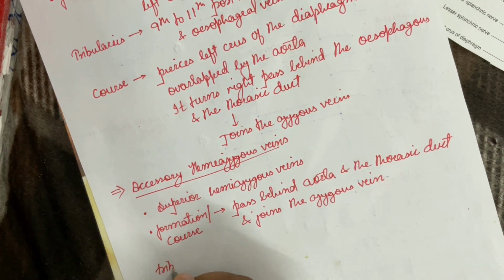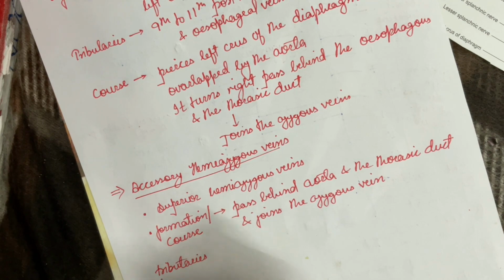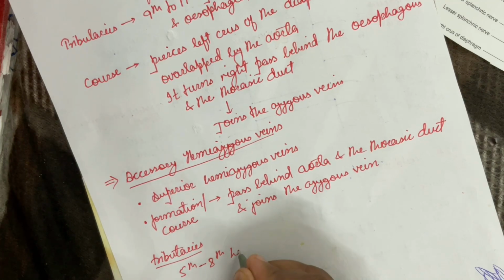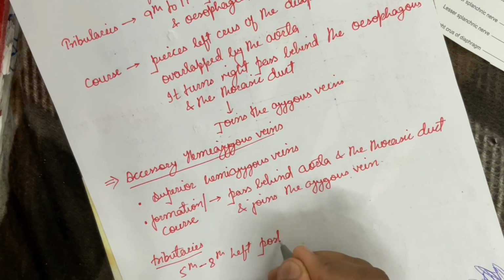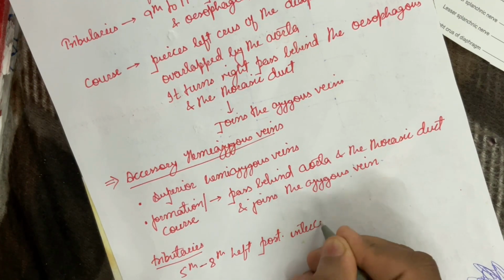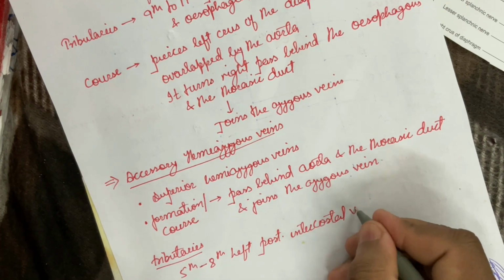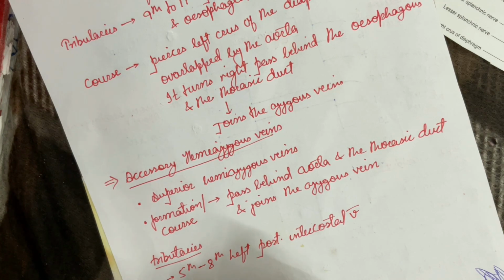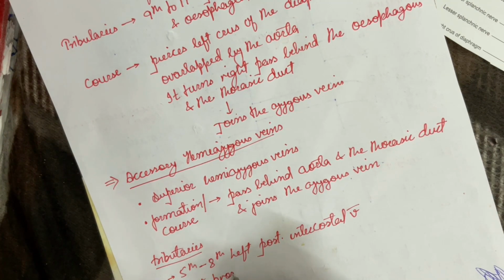Tributaries: 5th to 8th left posterior intercostal vein, sometimes the left bronchial vein.